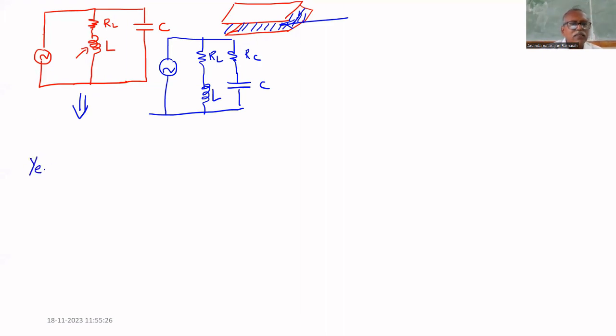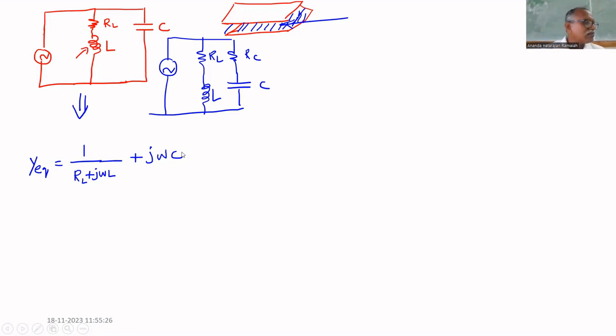Y equivalent equals 1 by RL plus j omega L, plus j omega C. This RL itself will give resonance.